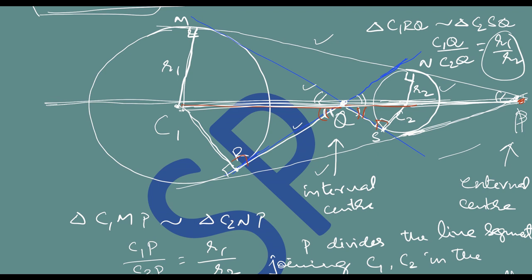The point where the direct common tangents intersect is called the external center of similitude, and the point where the transverse common tangents intersect is called the internal center of similitude. Both centers of similitude divide the line segment joining C1 C2 in the ratio R1 is to R2. One divides externally, one divides internally.